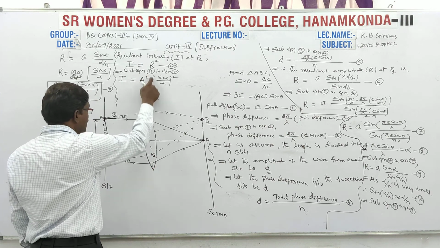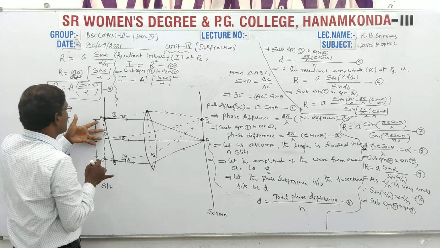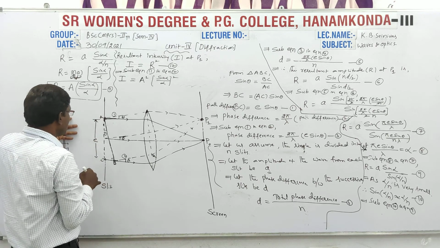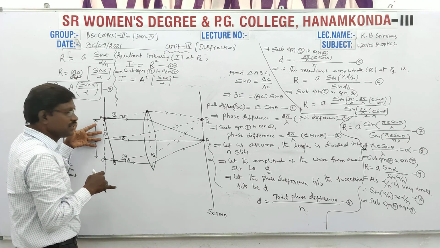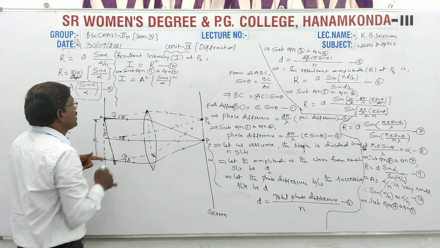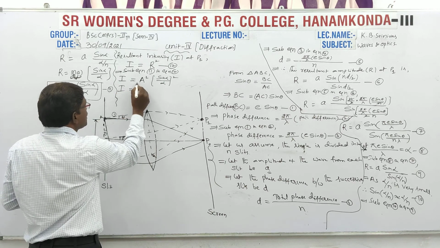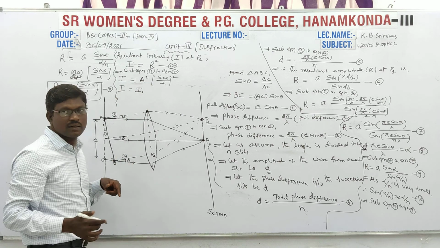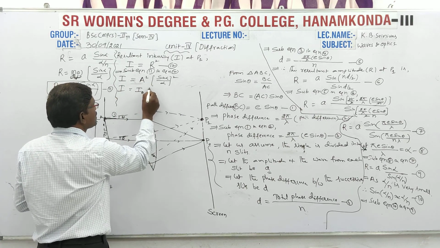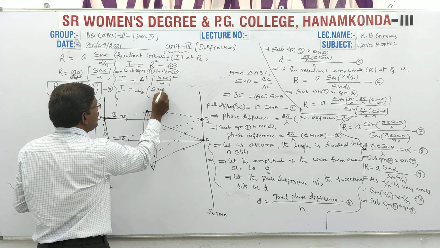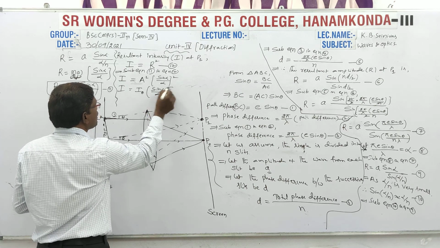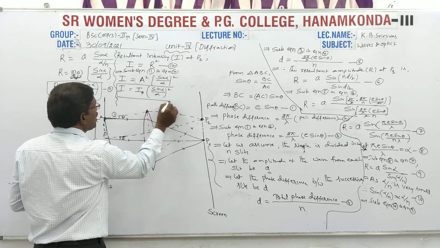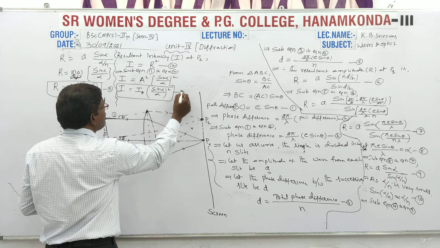So this term gives the incident intensity on the slit, which I am representing by I naught, times sin alpha by alpha whole square. This is the final expression of this derivation.